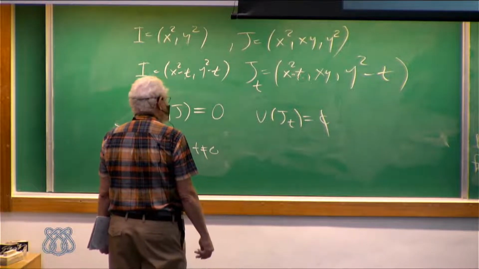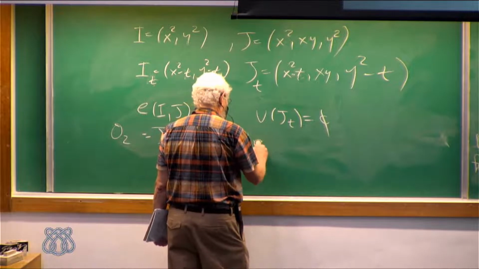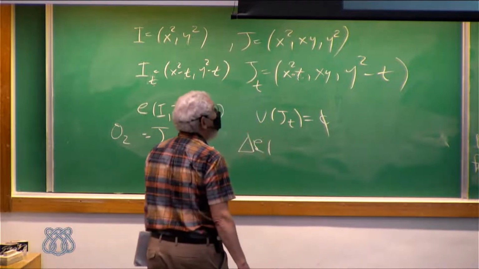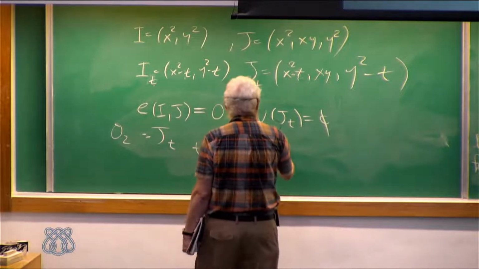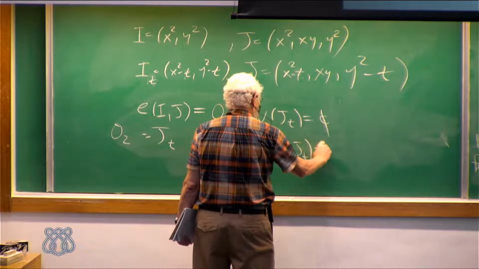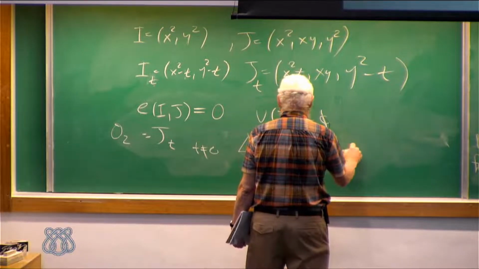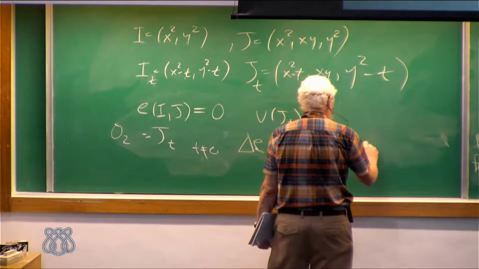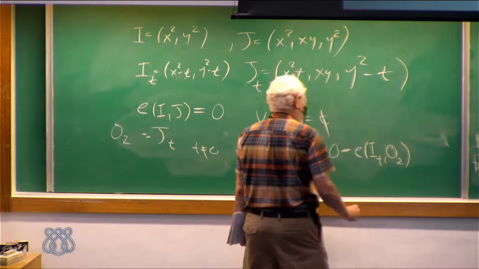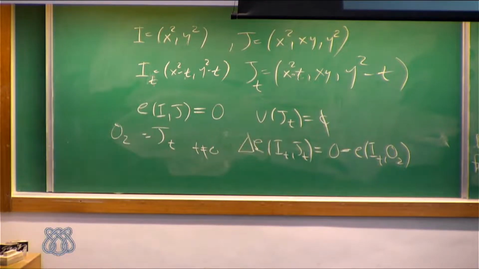And so that means the change as I go from t equal 0 to t not equal 0 is going to be 0 minus the multiplicity of O2 over I_t.